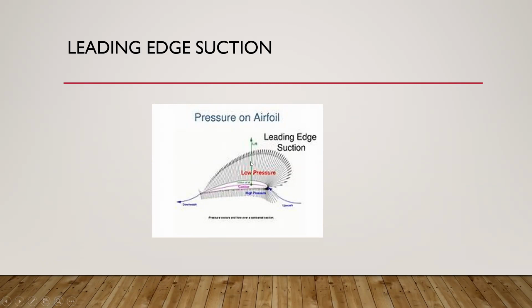The upper surface is at lower pressure, while the lower surface is at high pressure. The suction, along with the external free stream velocity, helps to reduce the stall effect. This is about leading edge suction.